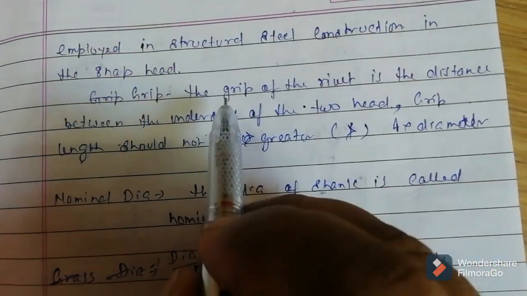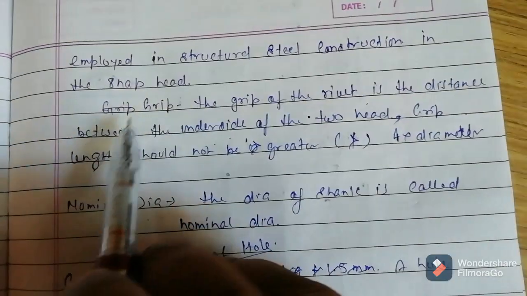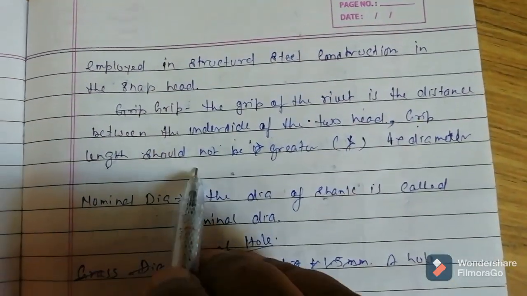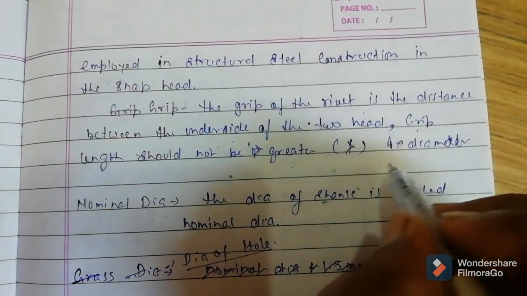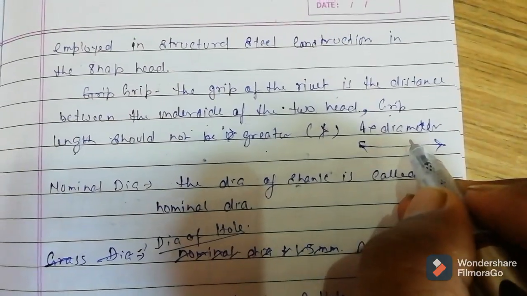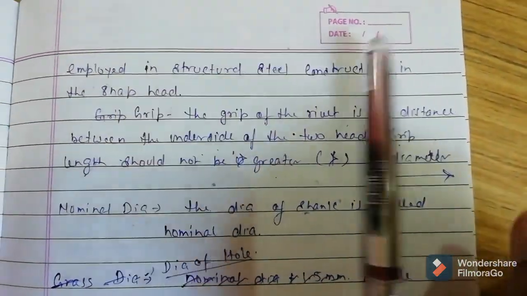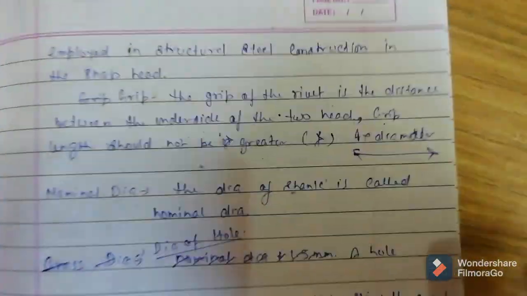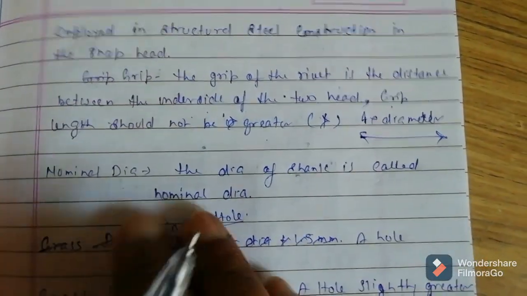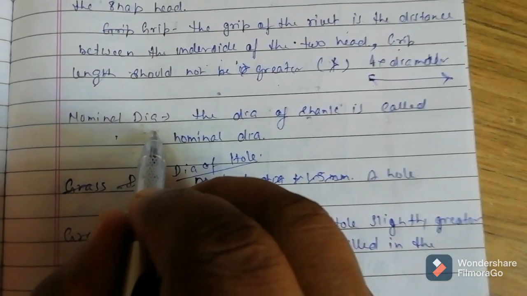Again, the grip of the rivet is the distance between the underside of the two heads. Grip length should not be greater than 4 times the diameter, because if it increases it creates extra shear stress or bending stresses.